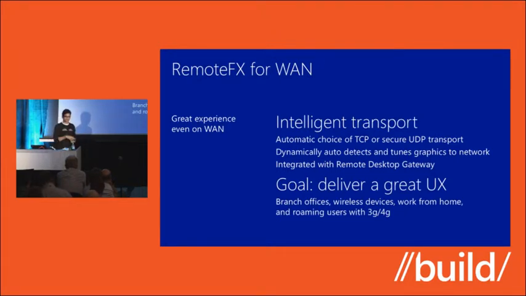On the other hand, if you're not on a lossy network, you don't need to use a loss resistant codec. But in the end, the goal of all that is to deliver the same localized rich experience that your LAN users can have to users on things like branch offices, users that might be using wireless devices, users that want to work from home, etc.